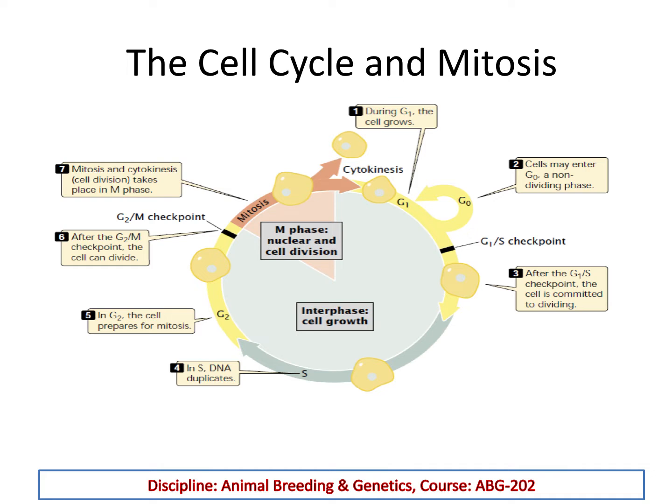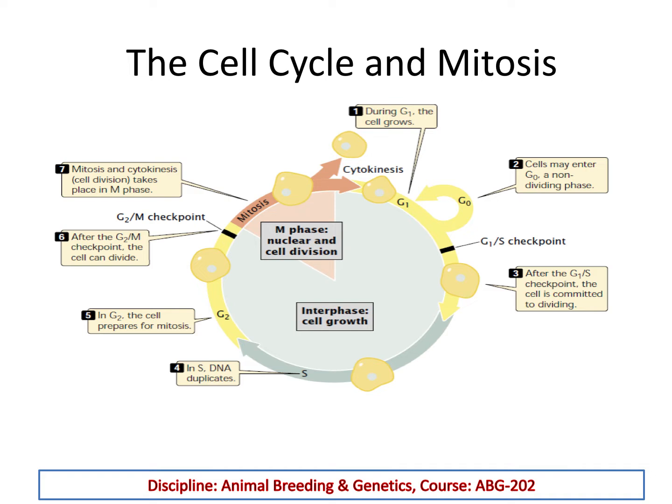Either it goes to G0, the non-dividing phase, as indicated in bullet number 2, or, in bullet number 1, the cell will grow in size and then be committed for cell division. So from G1 to G0, that means resting, or G1 to pass the checkpoint, the G1S checkpoint you can see on your screen, to go forward for cell division.